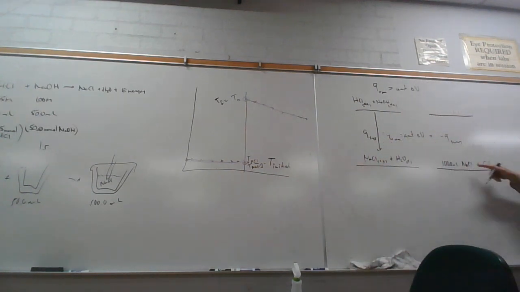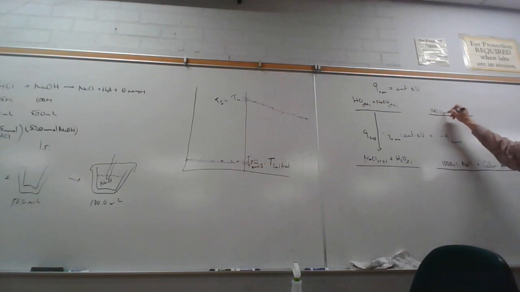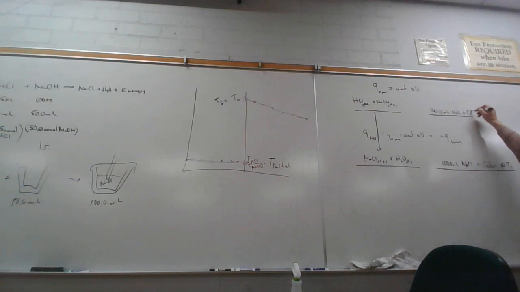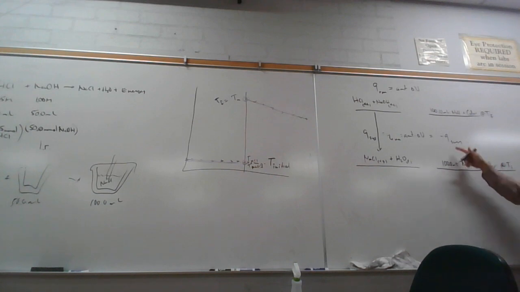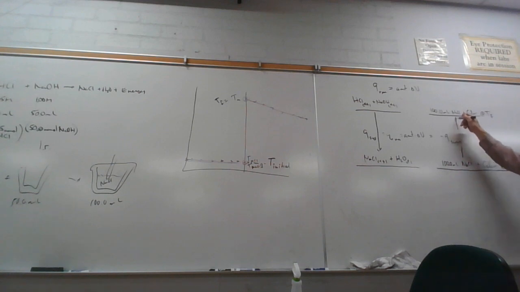What's going to happen is this is going to warm up from the initial temperature up to the final temperature here. All that heat goes into warming up the product solution and the calorimeter. Well, how much heat is that going to take? Well, we can calculate that.